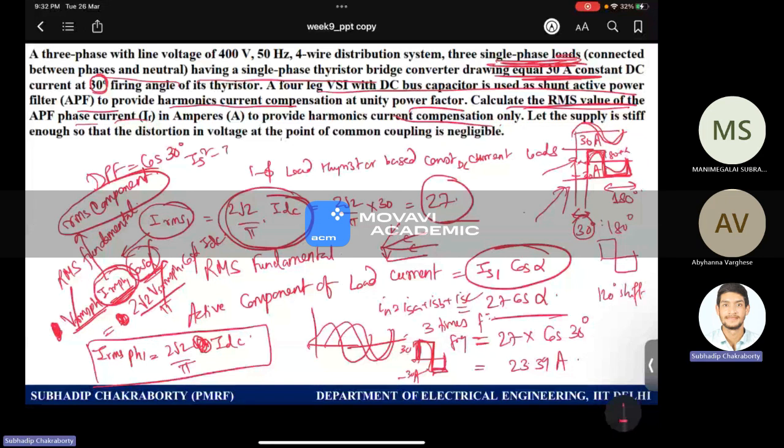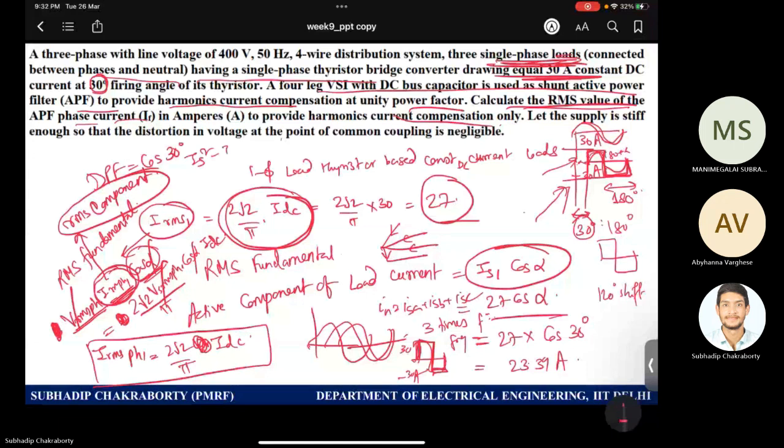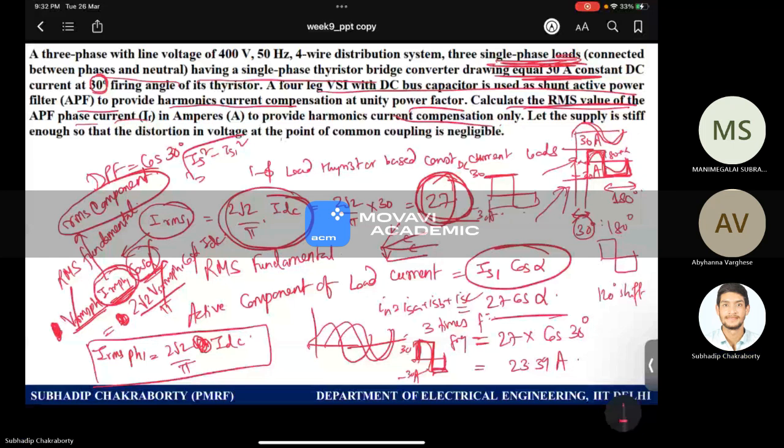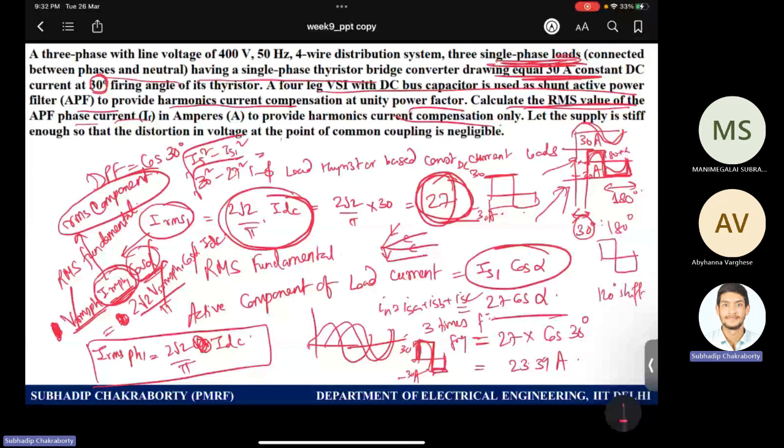Is1 is 27 and your Is is 30, because the RMS of a square wave of plus 30 to minus 30 is 30 only. So the filter current is the square root of 30 square minus Is fundamental RMS square. So this is coming as 13.057. This is I filter RMS.